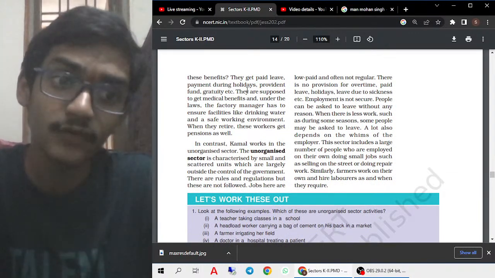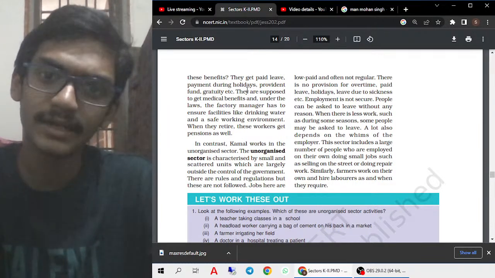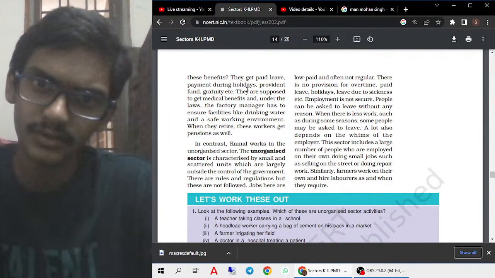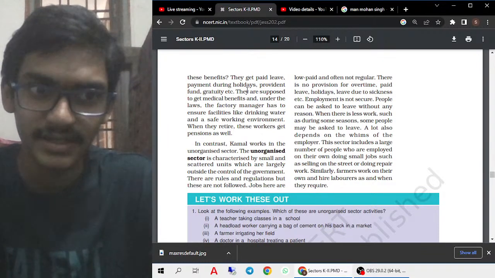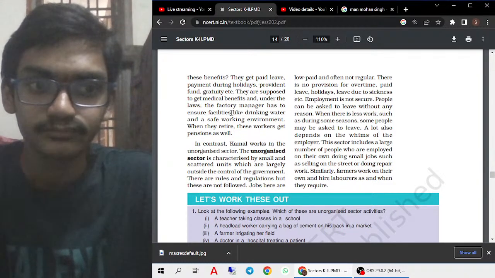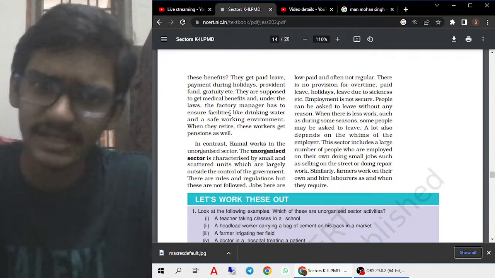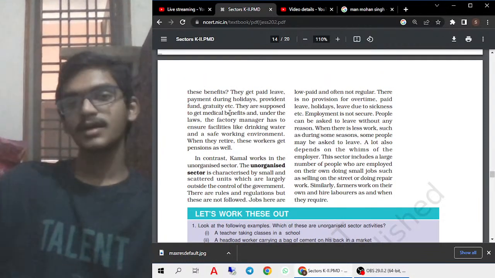During the time of pregnancy, a pregnant woman can also get work and job opportunities, and medical benefits. They also ensure drinking water and everything. That is the organized sector, an organized form.